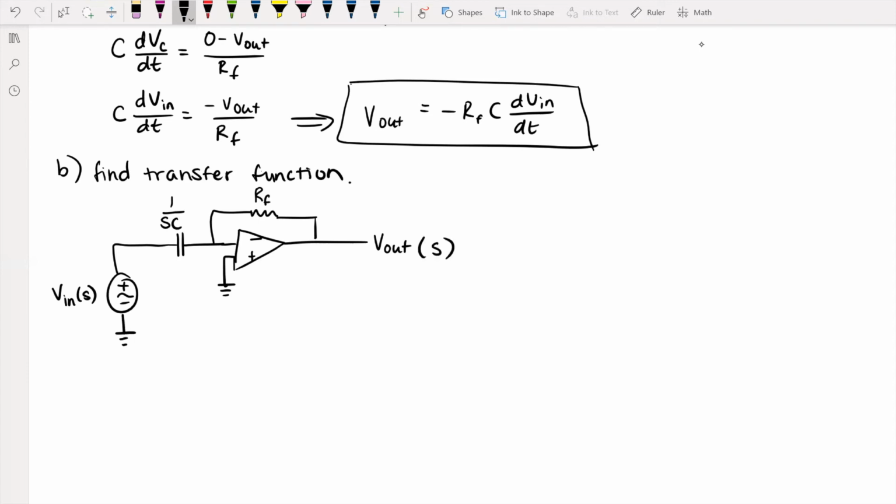So this is quite simple, just like how you would do any kind of op amp in the frequency domain. You would treat this as an impedance and treat this as an impedance.